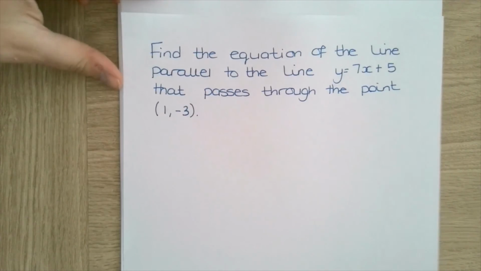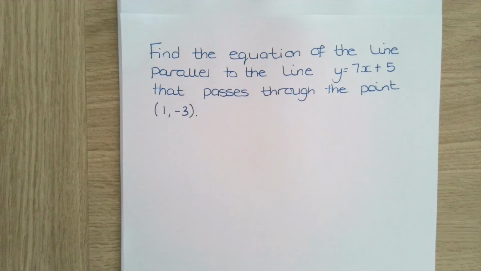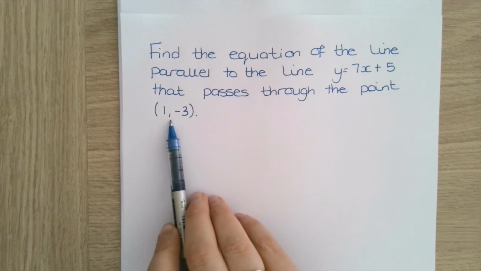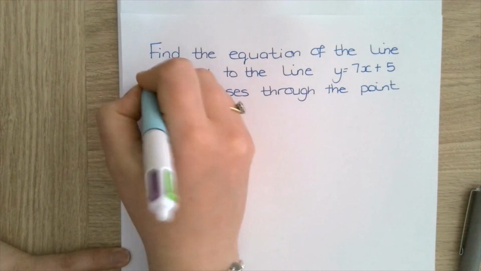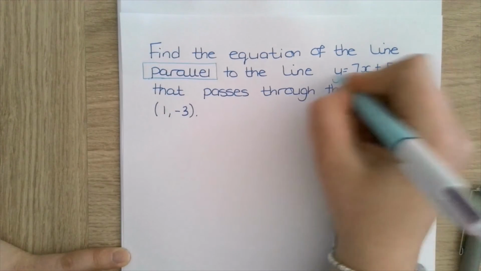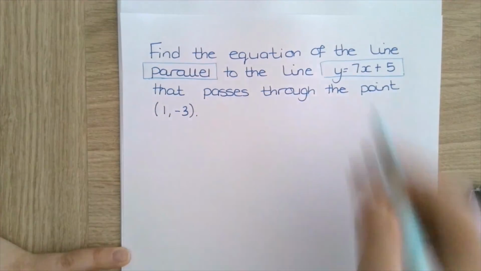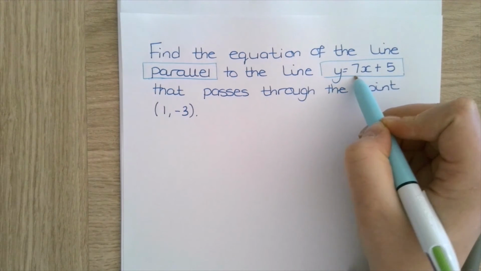My next question is find the equation of the line that is parallel to the line y equals 7x plus 5, and the line passes through 1, minus 3. So what I need to do is I need to identify that I'm looking for a line parallel to this line. So the gradient for this line is 7.